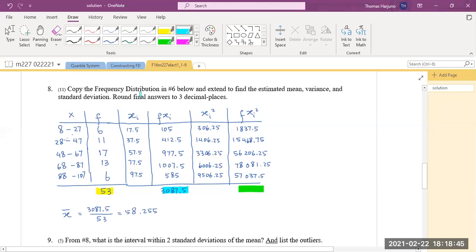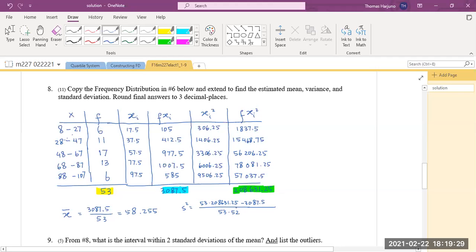Here I get 208,631.25. So my sample variance will be the first number times the third number minus the second number squared, over the denominator, which will be 53 times 1 less than that.